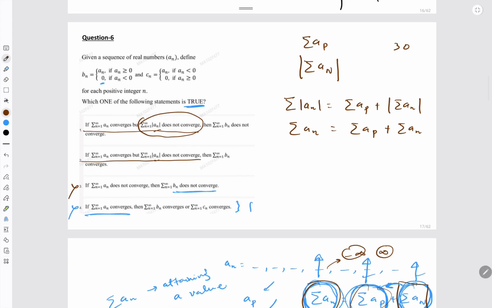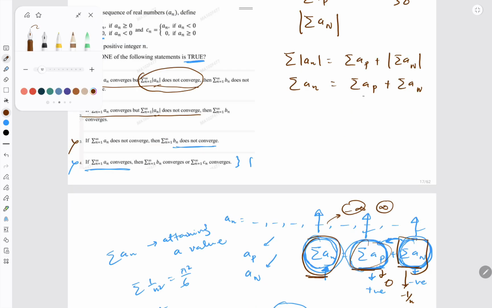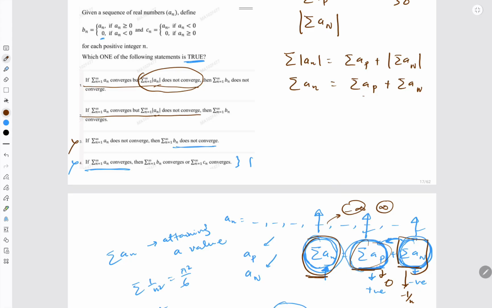It is saying that this is not converging and this is converging. This is converging because this is a negative value and it is cancelling some positive part, right? It is asking about sigma bn, so it is asking whether this is convergent or not. How do you think about this? The thing written here is nothing but your sigma bn.